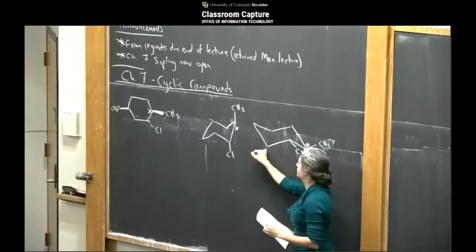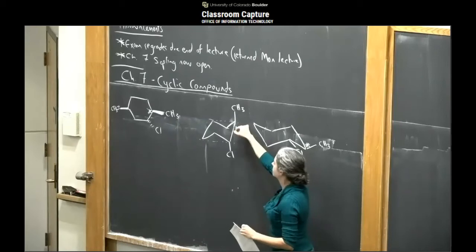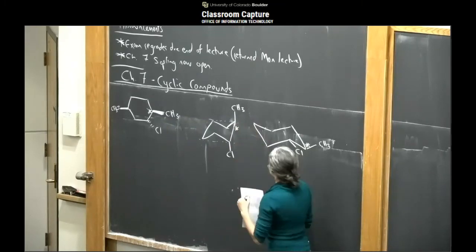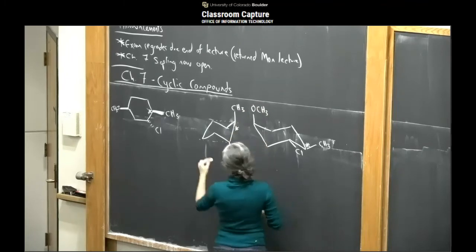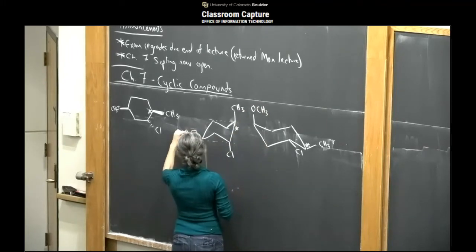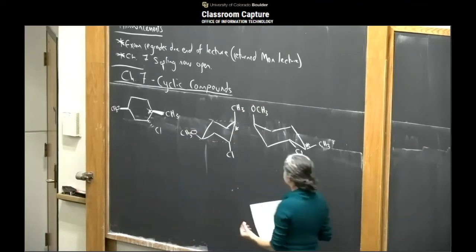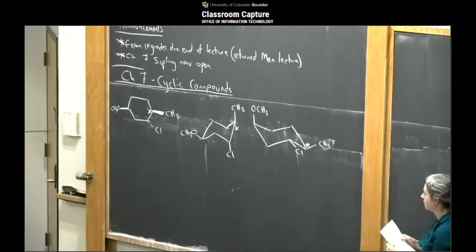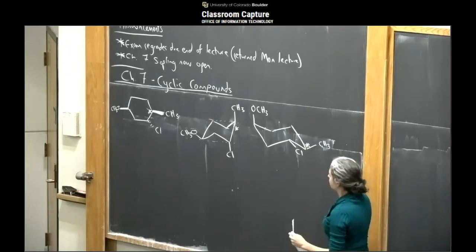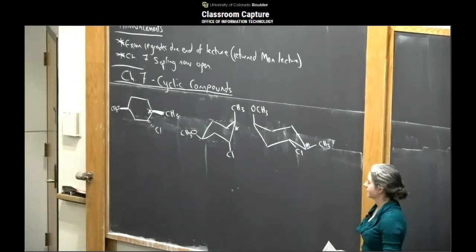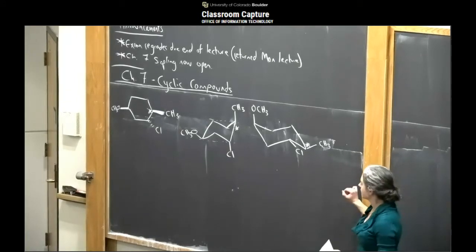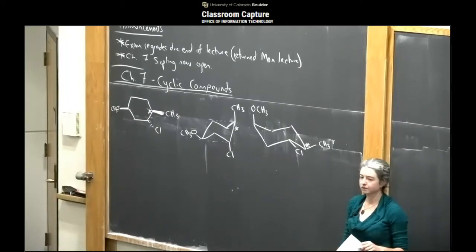Then we skip a carbon, and then OCH3 is up, which happens to be up axial here and up equatorial over here. So you can go around and double check: everything that starts bold should be up the whole time. We're just flipping axial and equatorial. Any questions about that review?